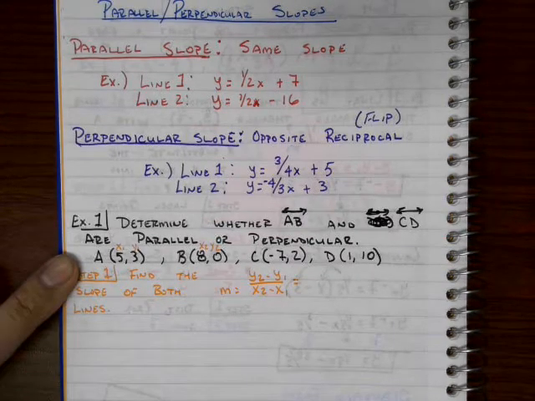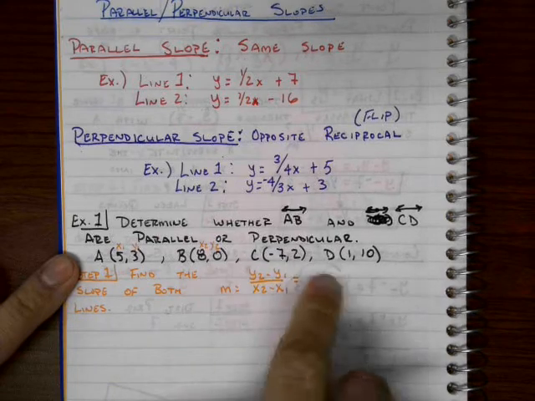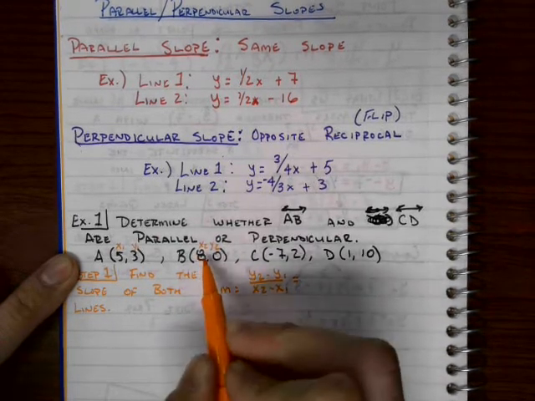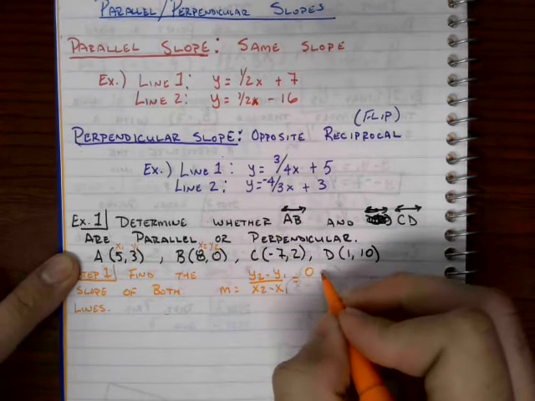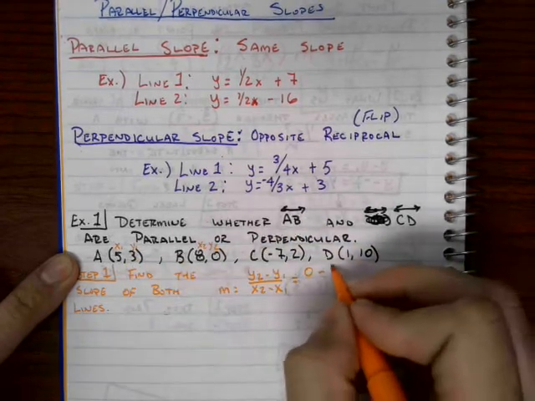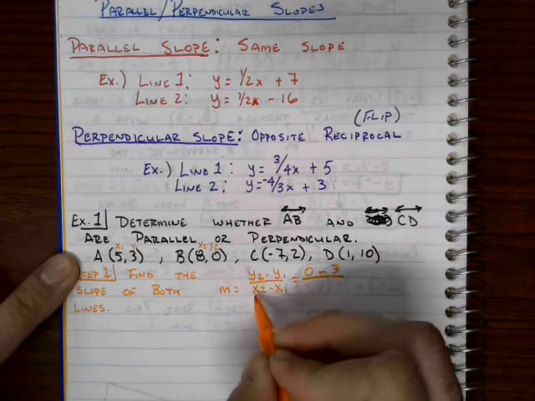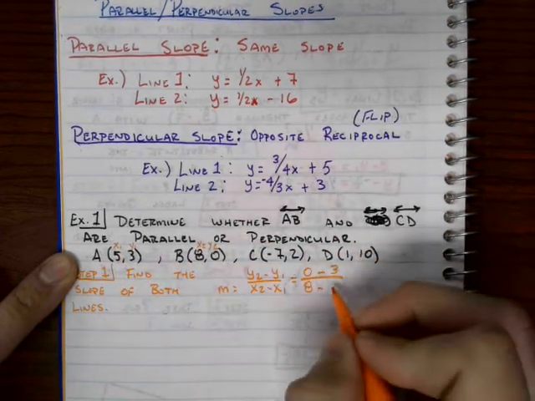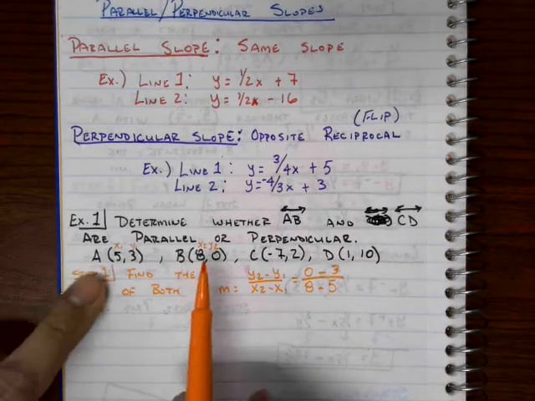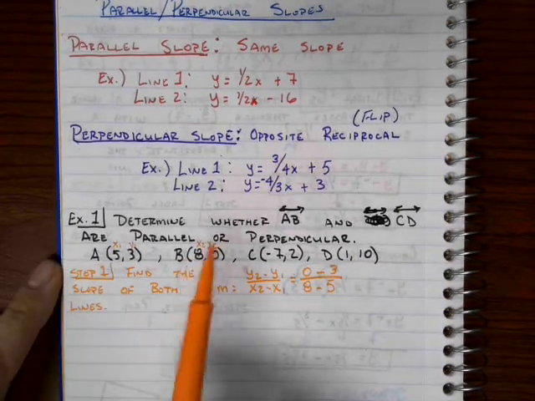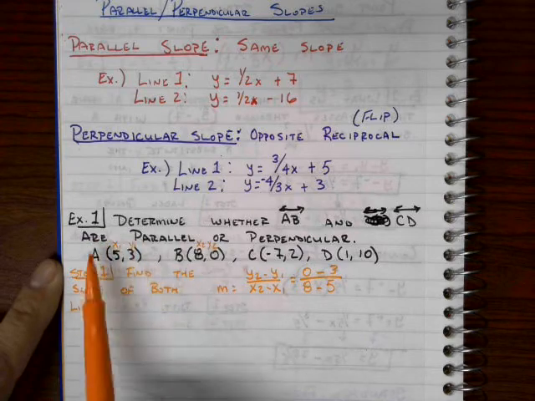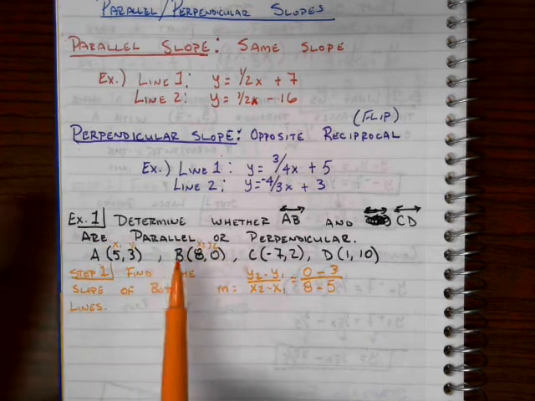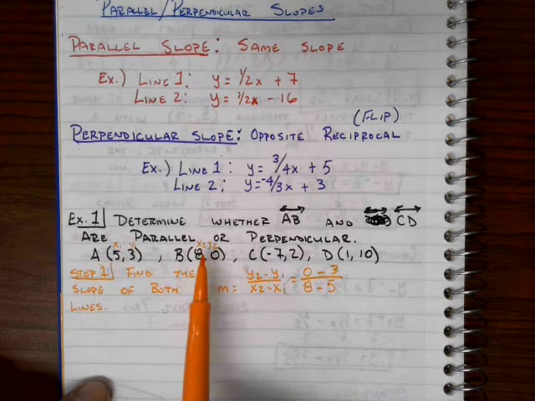I'll change my color here in a second so it doesn't all look meshed together. So I know y2 is 0, minus y1, which is 3, over x2, which is 8, minus x1, which is 5. And again, I can take these points and switch them. Don't get stuck on thinking, oh, this has to be x1, y1. It could be x2, y2, x1, y1, as long as my 1s are together and my 2s are together, okay?